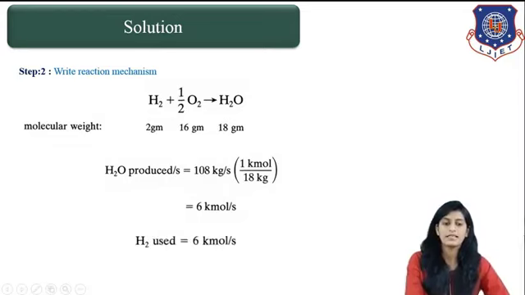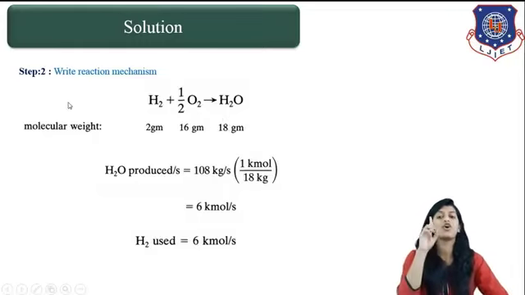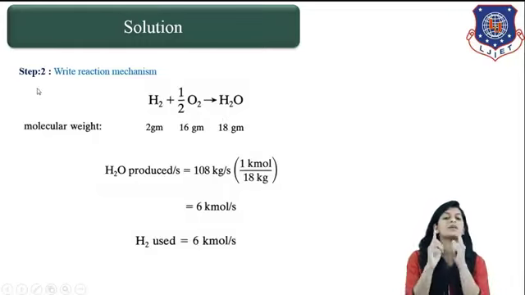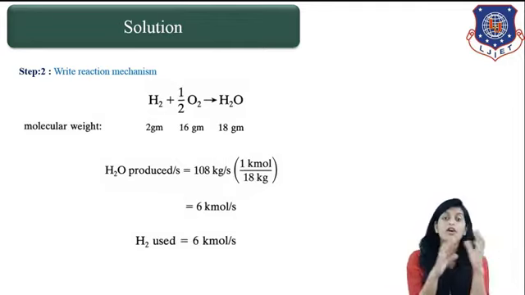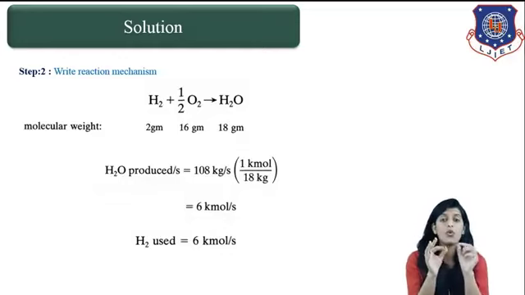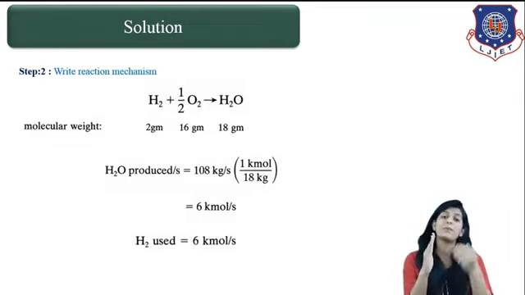Now, the next step is how much H2 we are using. H2 used is 6 kilomole per second. As you can see, 1 mole hydrogen combines with half mole of oxygen to give us 1 mole of final product. So if 6 kilomole of final product is formed, how much hydrogen is used? The same amount, because 1 mole of hydrogen is used to produce 1 mole of final product.